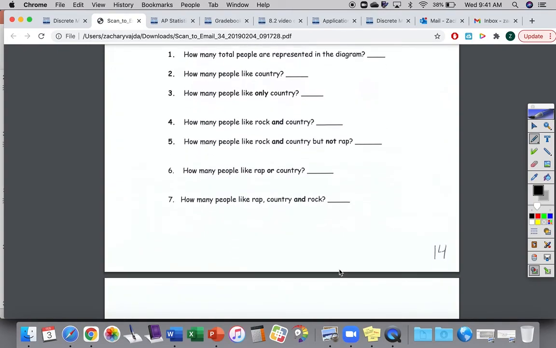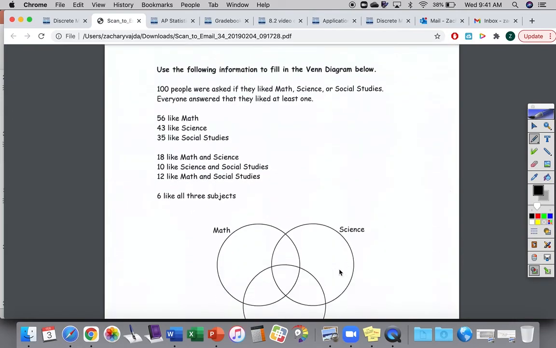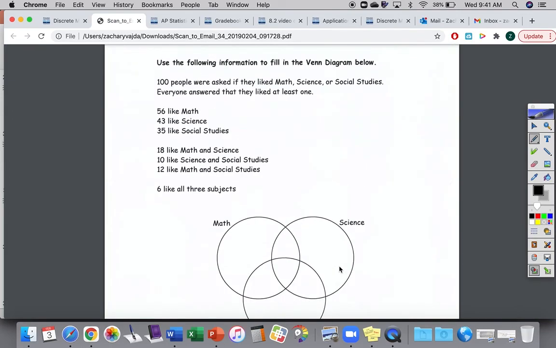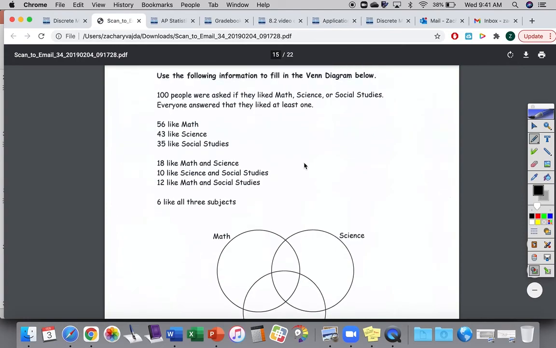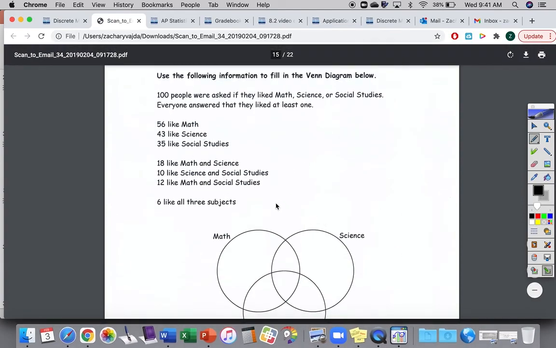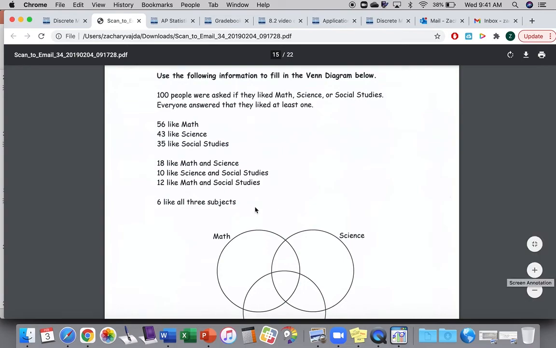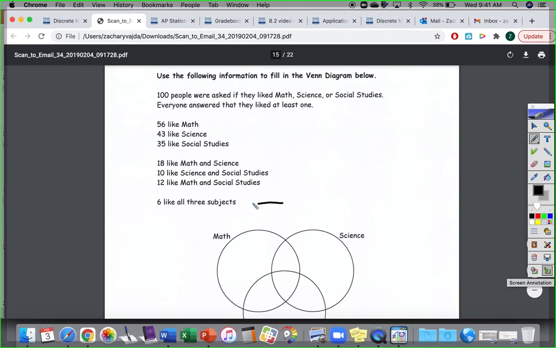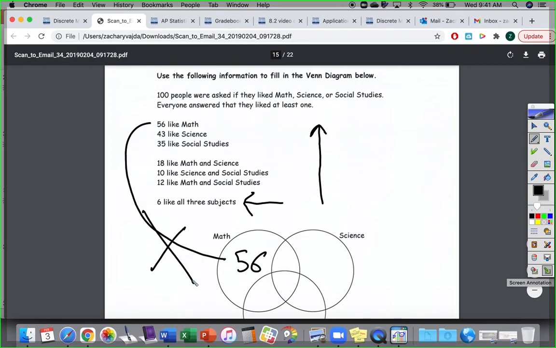And you're going to practice this now. You're going to do page 15 as your classwork. You're going to do page 15, being very careful. Okay, being very careful. I'll give you a warning. To do page 15, try and start from the most unique and then work your way back. Because this 56 going right here is not correct.